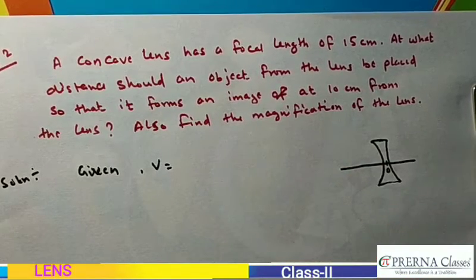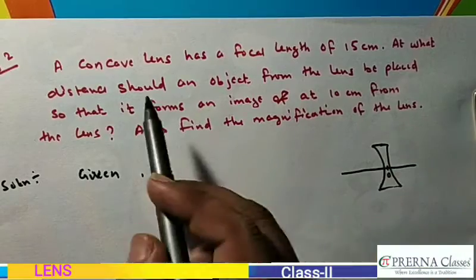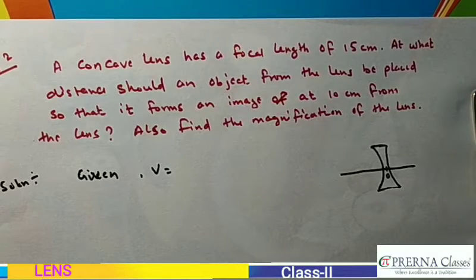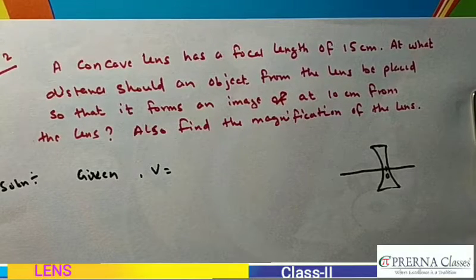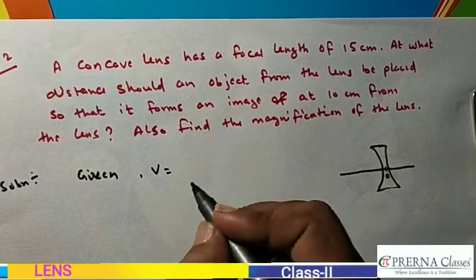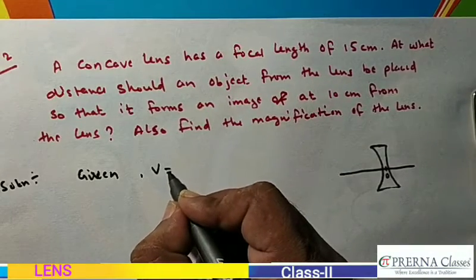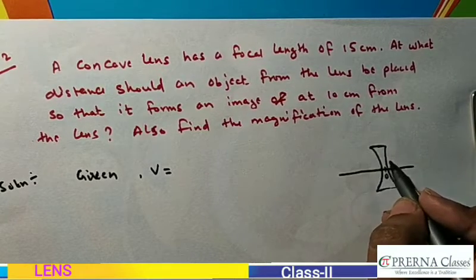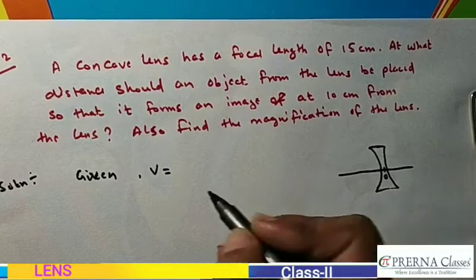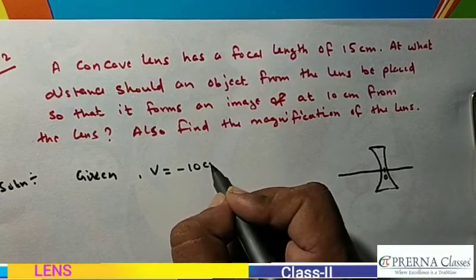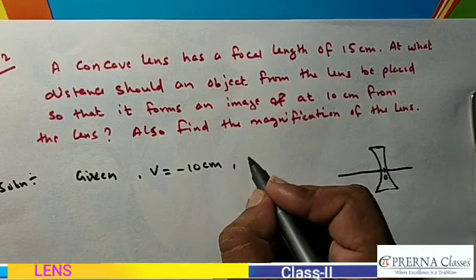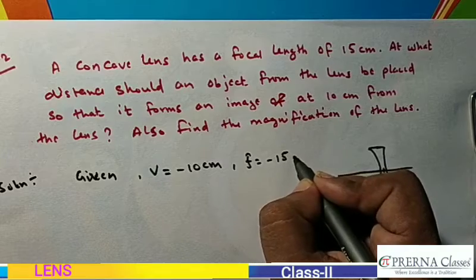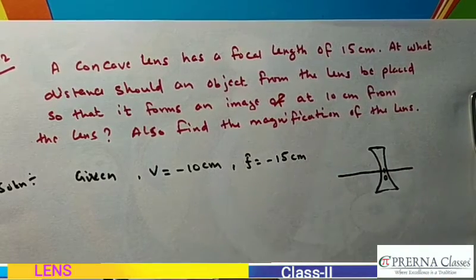It is said that at what distance should an object from the lens be placed so that it forms an image at 10 centimeter from the lens. For a concave lens we know that the image is formed on the same side of the object. So v equals minus 10 centimeter. The focal length of a concave lens is negative, so f is minus 15 centimeter.